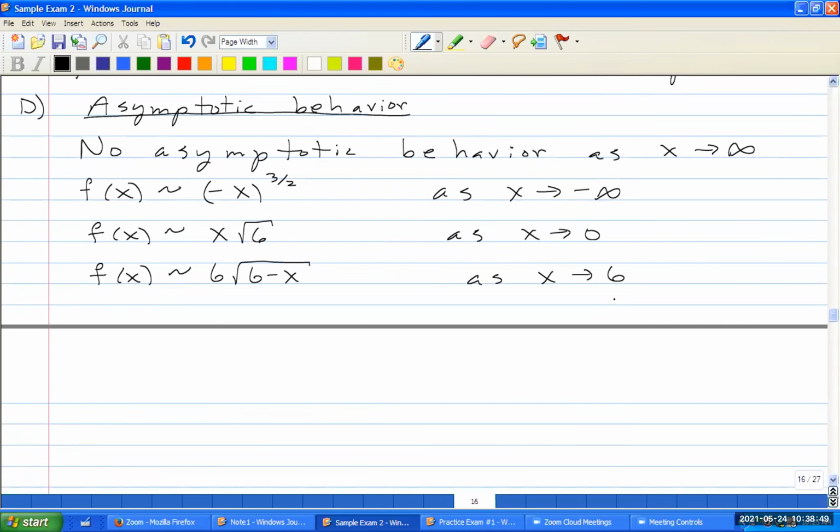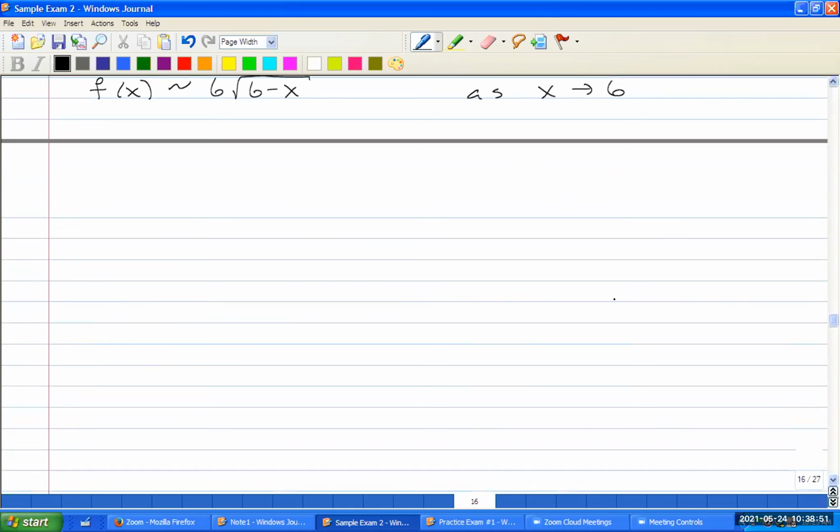Now let's take derivatives. So now for part E, I want to find the intervals of increase and decrease.